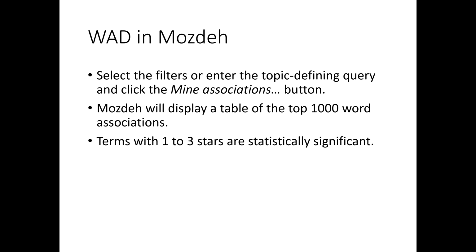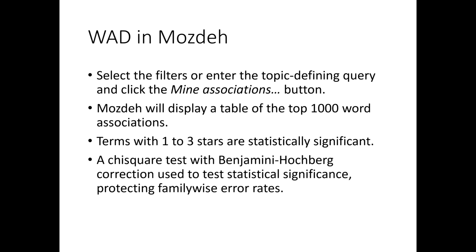And terms with 1 to 3 stars at the end of their row are the statistically significant ones. More information on the website. The statistical background is that Mojday checks for statistical significance with a chi-square test and a Benjamini-Hochberg correction, protecting family-wise error rates. So this is a very safe method of identifying genuinely statistically significant differences between terms.